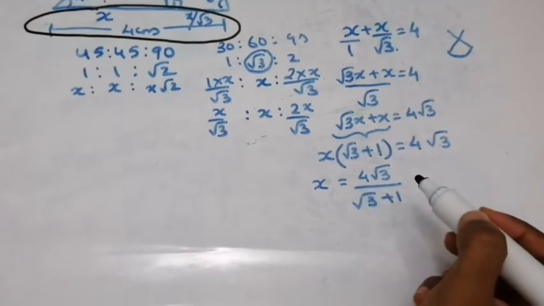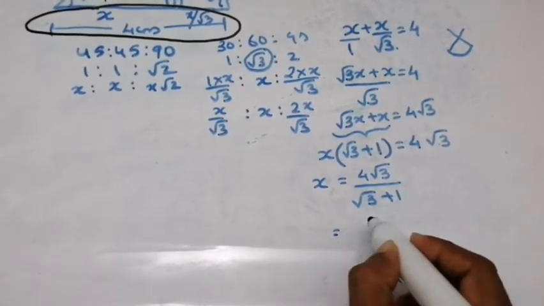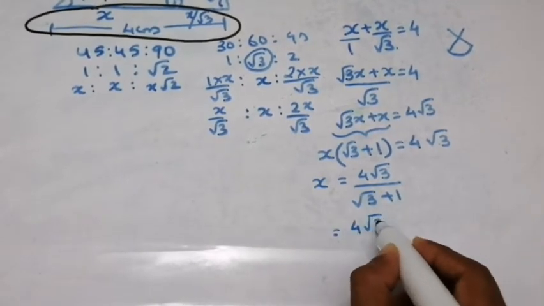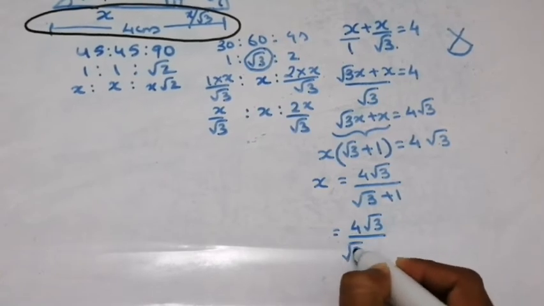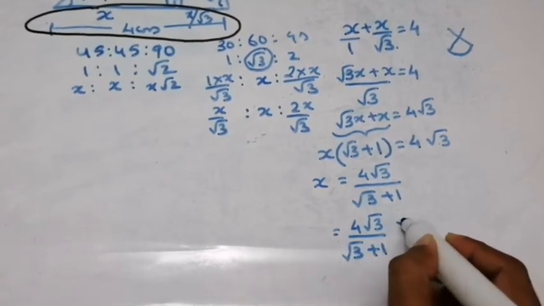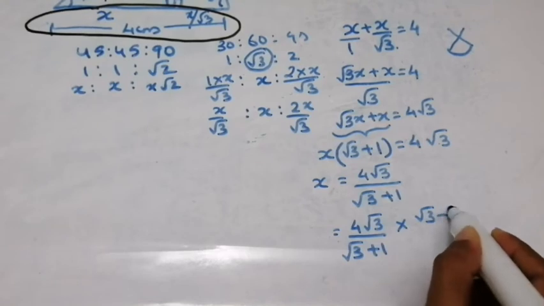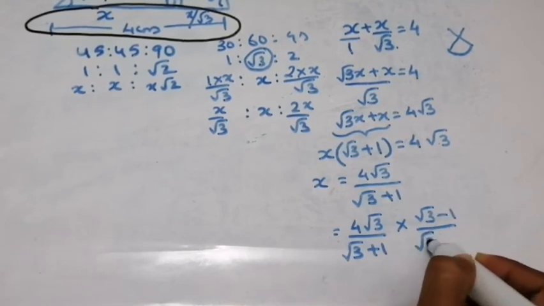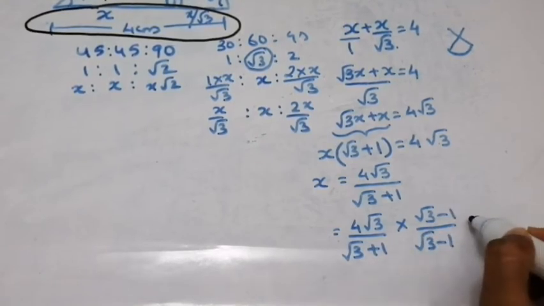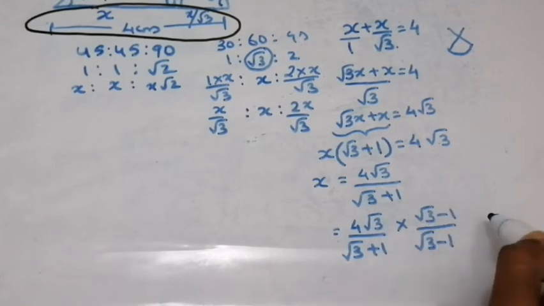We already studied in 9th standard how to factorize this one. Whenever there is a root in the denominator like this, you have to multiply with the opposite sign, like this, root 3 minus 1. Understood? So how can you do this one? Just multiply these two.